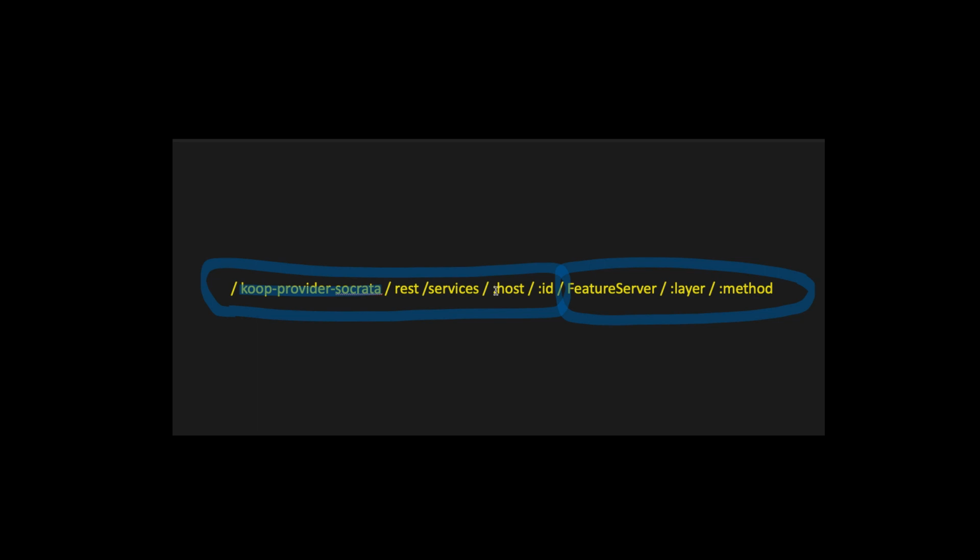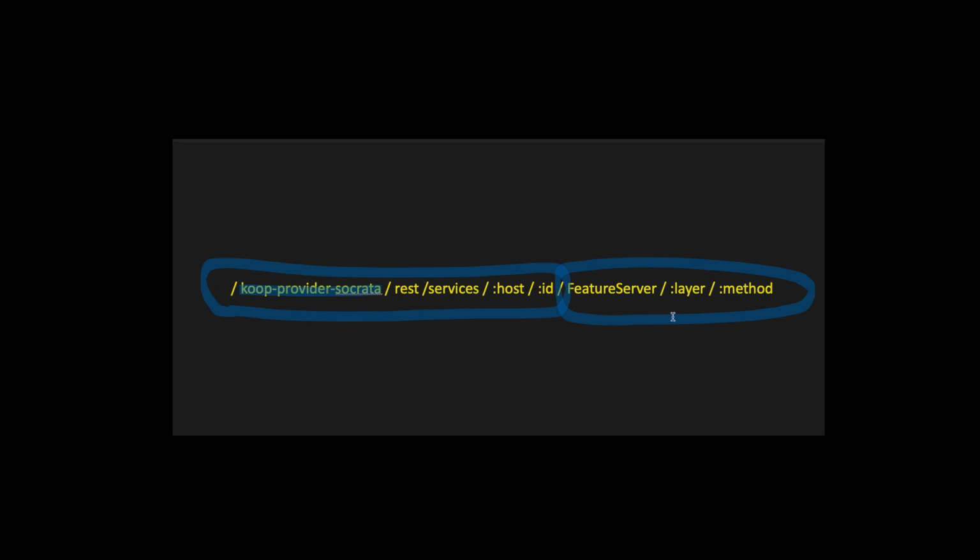These route parameters here, host and ID, are defined by each provider. The provider configuration determines whether or not these host and ID parameters are present at all. And the provider documentation should tell you a little bit more about what they represent.